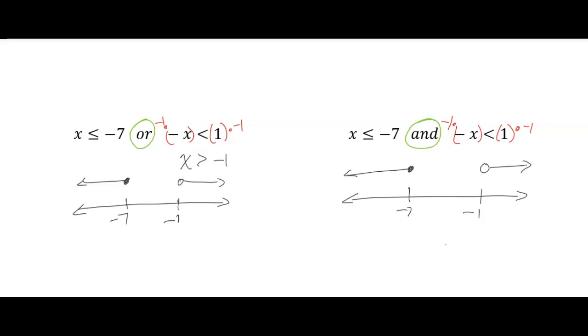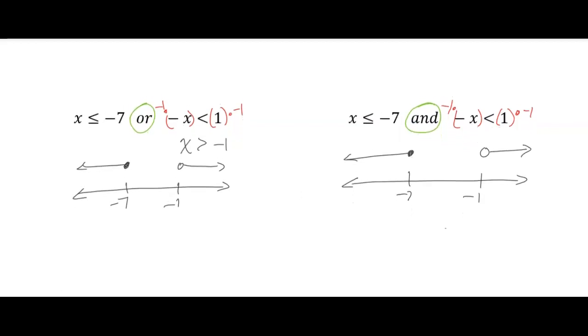it means that you need to include everything that's in either one of the inequalities. You don't have to try to do both the one and the other. Like here, in order to be a part of the solution set, a number does not need to be smaller than -7 and at the same time bigger than -1. Here, if a number is smaller than -7, it gets included in the answer. So all of this stuff is part of the answer.